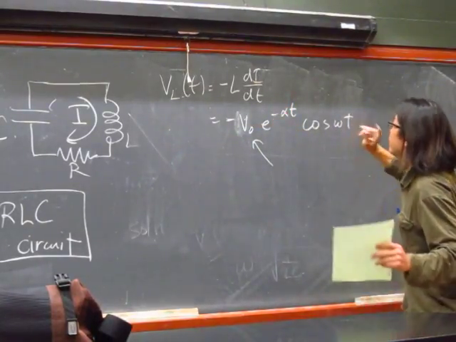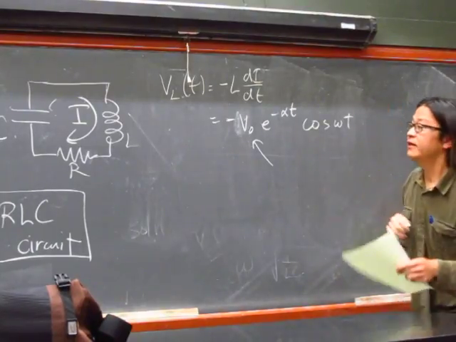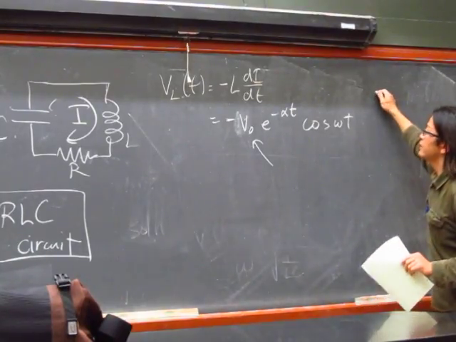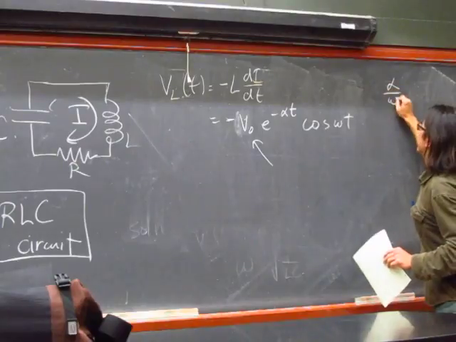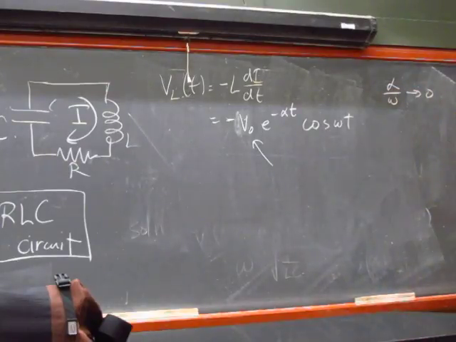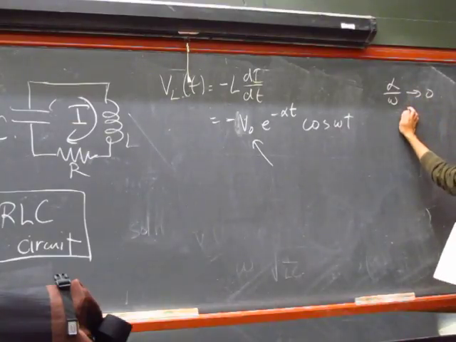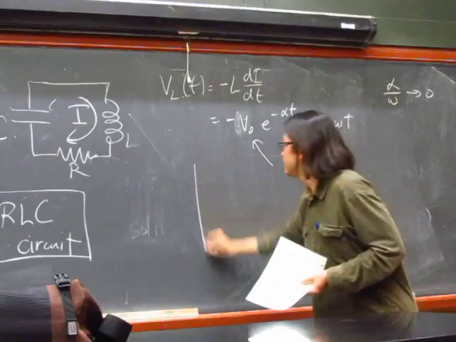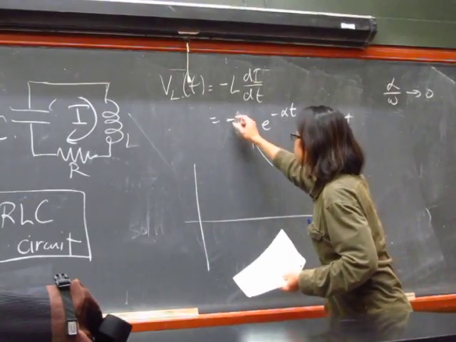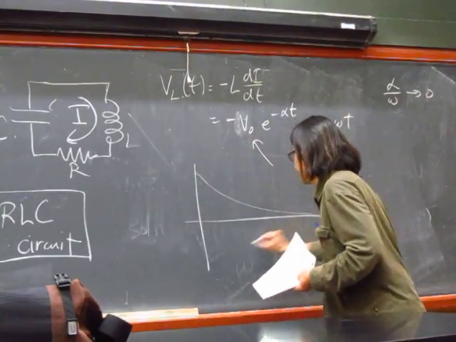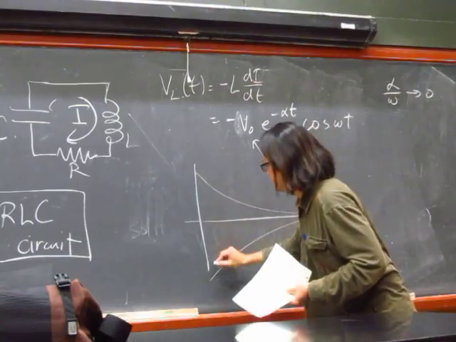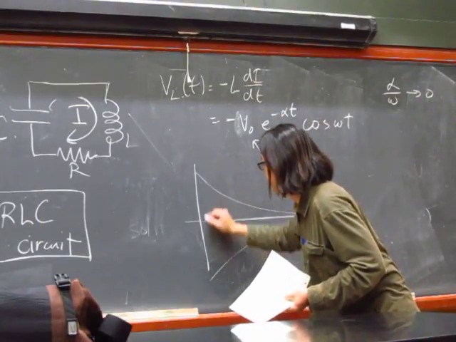Okay? And you have to make the approximation that alpha over omega is small. So you ignore the small phase lag because of alpha over omega. Right? And as you see here, because of the minus sign, this is the envelope, the function goes like this.